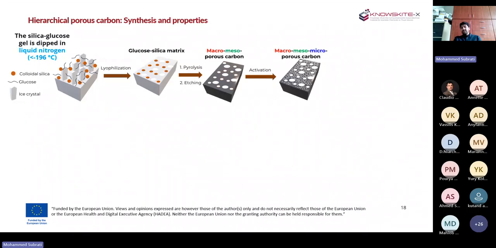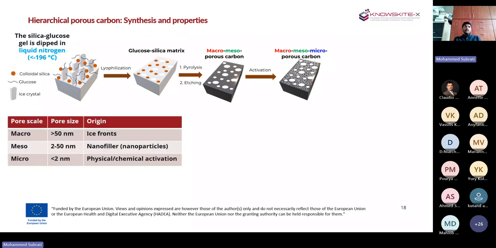Even before activation, without the micropores, it is also hierarchical because it has two levels of hierarchy: macro from the soft template, that is the ice front, and meso from the colloidal silica. So you can see the three levels of hierarchy of pore scales and their origins: ice fronts, the nanoparticles, which are the nanofiller, and finally, the activation.